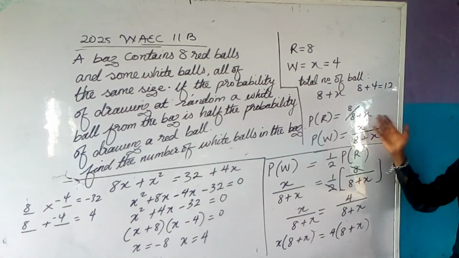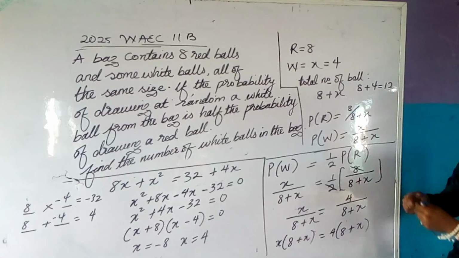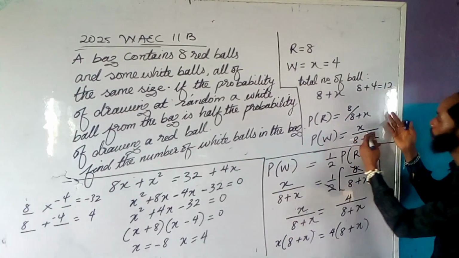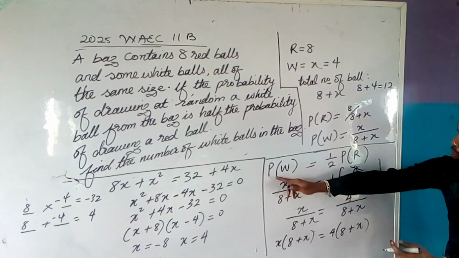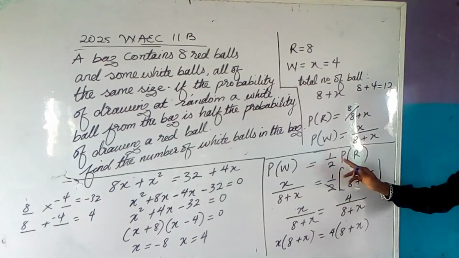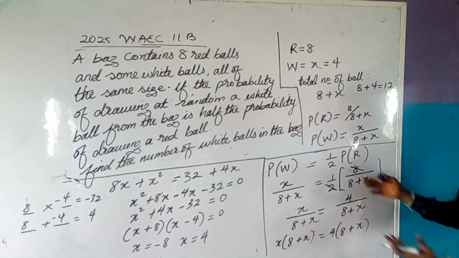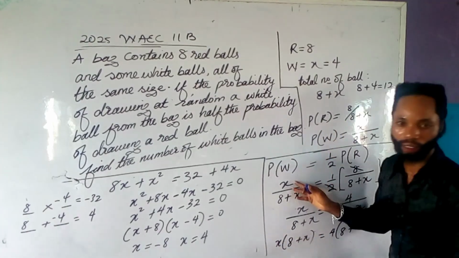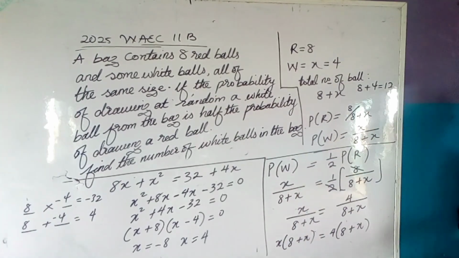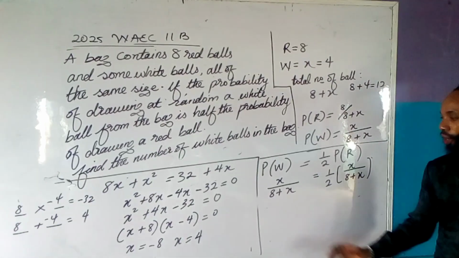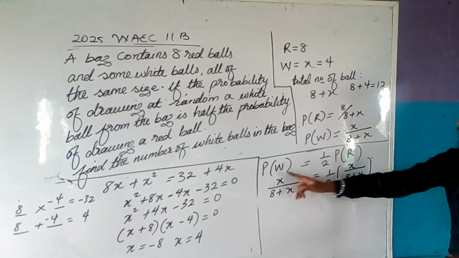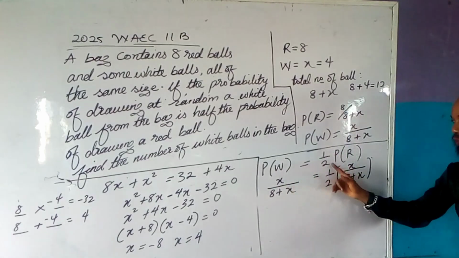If you feel like proving the value of X, you could do it somewhere. They said that the probability of white is equal to half of the probability of red. I'd like to prove that using X as 4. So we want to prove if the probability of white equals half of the probability of red.